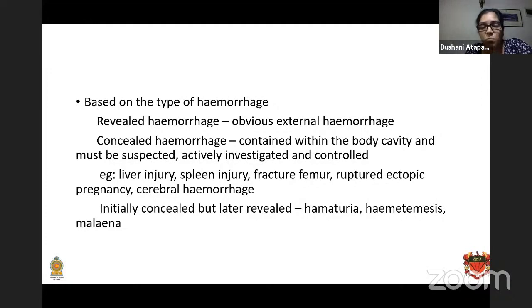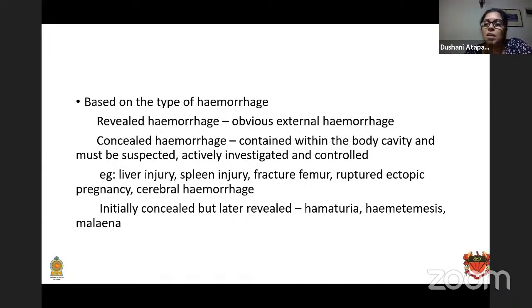If you classify hemorrhage based on the type, it could be revealed hemorrhage, which is very obvious external hemorrhage, or concealed hemorrhage, which is contained within a body cavity. There you have to anticipate or suspect whether the patient is bleeding, because it's not quite obvious.